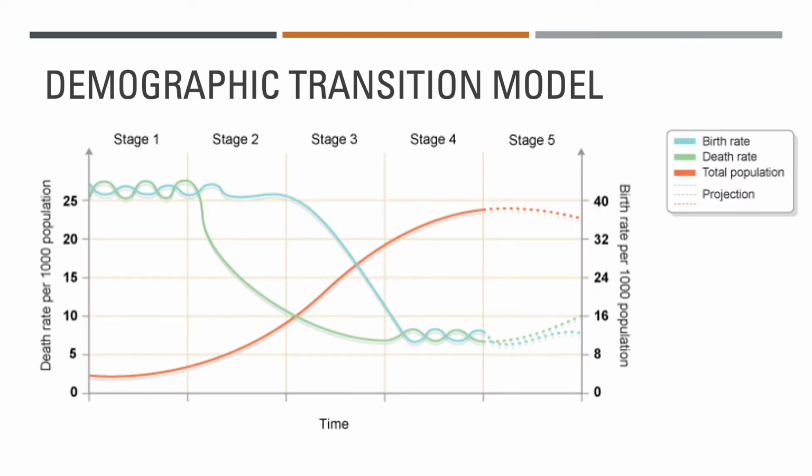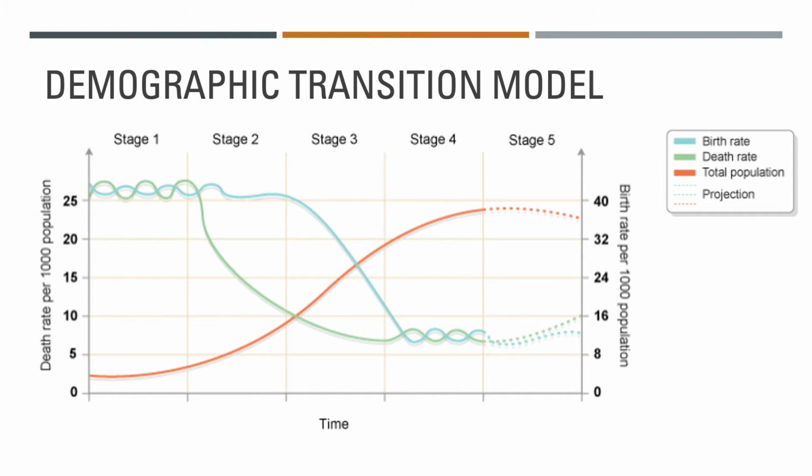Right, now, the thing that explains this to us is something called the demographic transition model, which is this graph, which you can see on the x-axis we've got time. On the left-hand side, on the y-axis, sorry, we've got the death rate per thousand population, and we've got a second y-axis, which shows us the birth rate per thousand population.